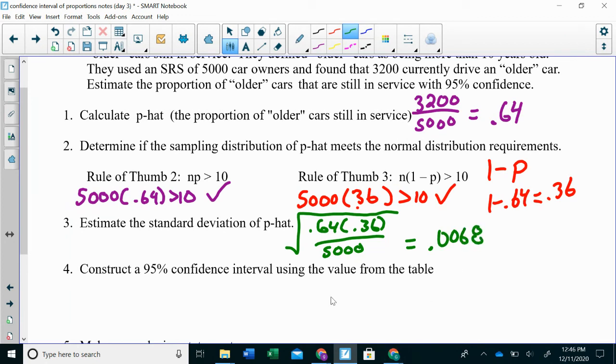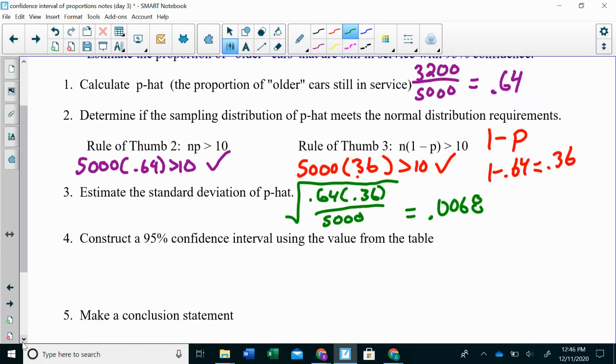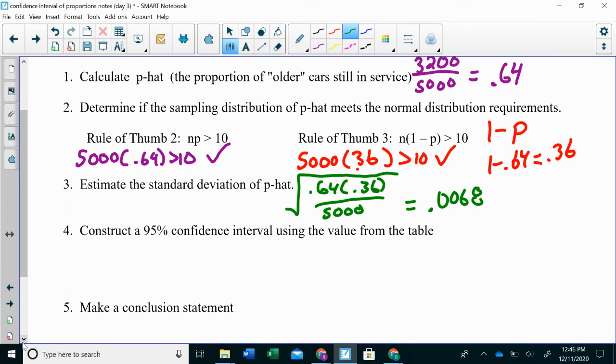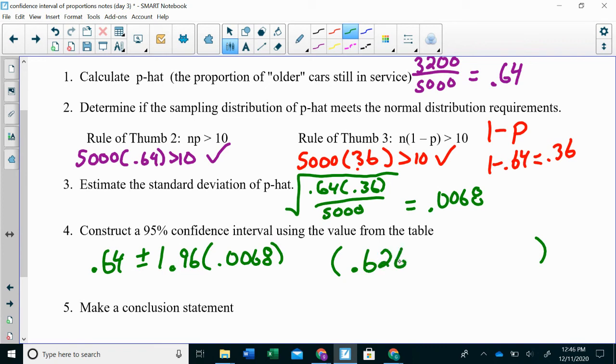Construct a 95% confidence interval using the value from the table. So our proportion was 0.64, plus or minus 95% confidence means we use 1.96, parentheses, this standard deviation, 0.0068. And that gives us our confidence interval of 0.6267 and 0.6533.